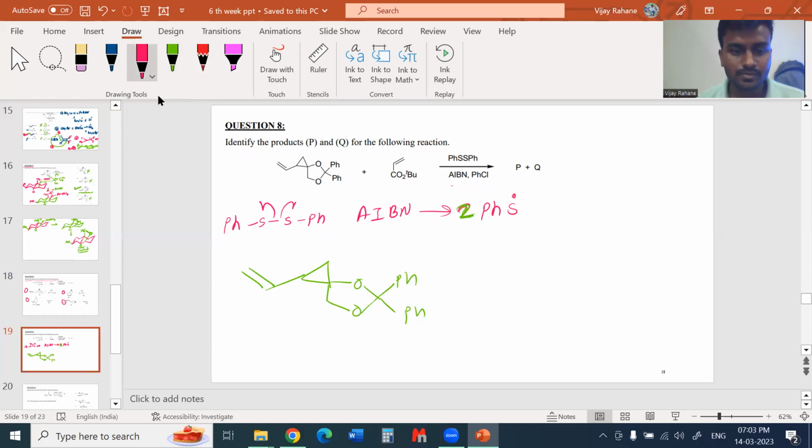Right. So when this PhS radical reacted with this alkene, it forms a bond in this fashion, and this one electron shifted here, right? So another one electron, since this is a 3-member ring, it is prone to open. So here the radical forms. So the product that will form has PhS on this carbon atom, containing one carbon.